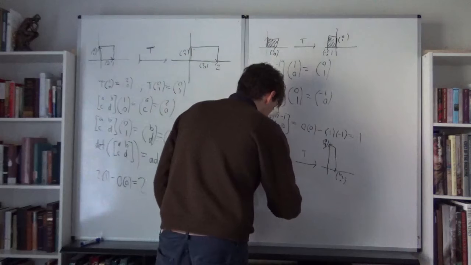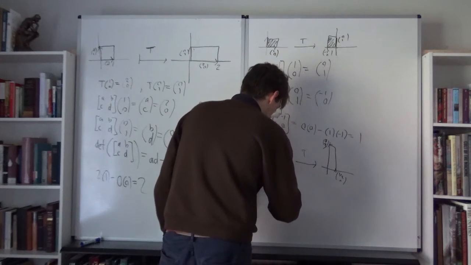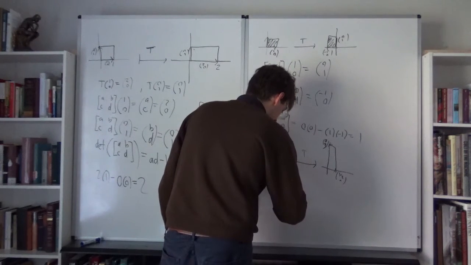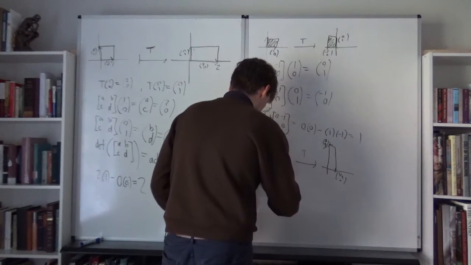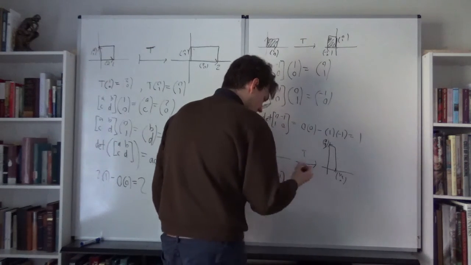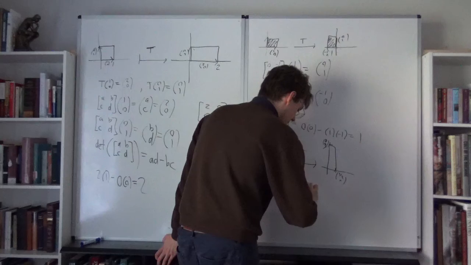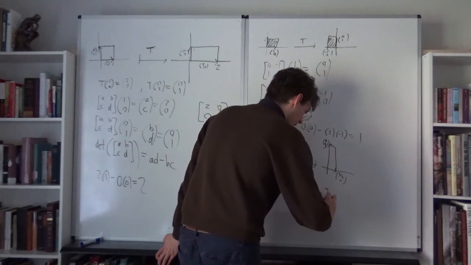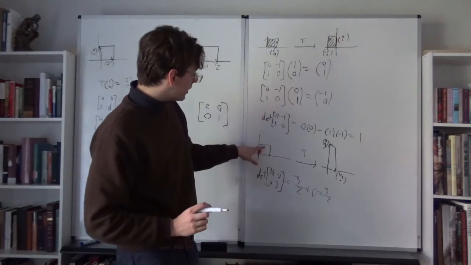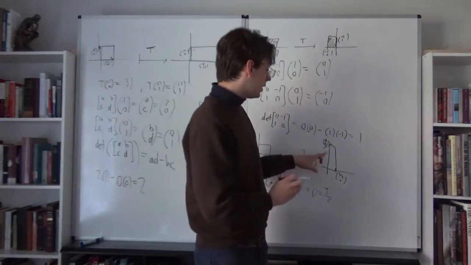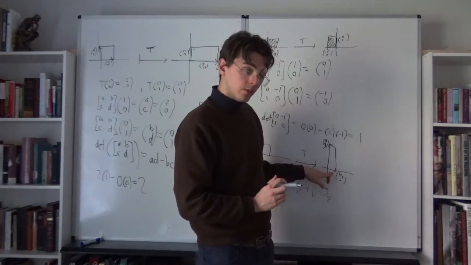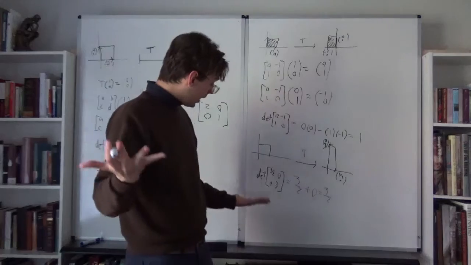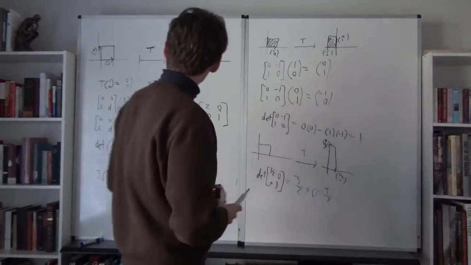This should be 1/2, 3. This is pretty clear, the determinant is going to be 3/2 plus 0, so 3/2. Again, it went from something of area 1 to something of area 3 times 1/2, which is 3/2. So this is making a lot of sense.